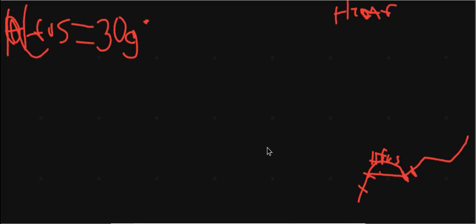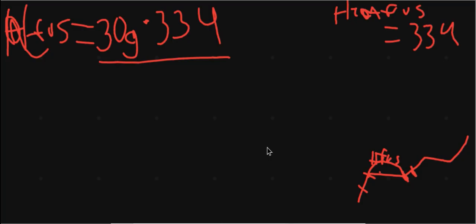The heat of fusion of water equals 334. Again, now that we found the variables, it's simple multiplication. This gets us 10,020 joules.